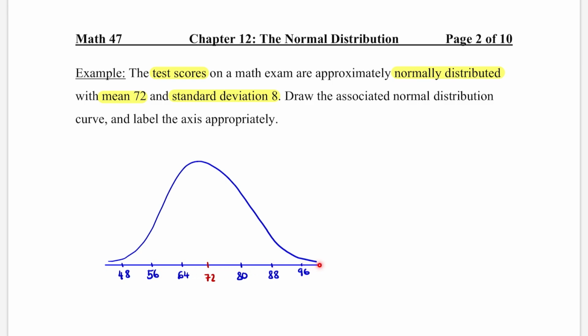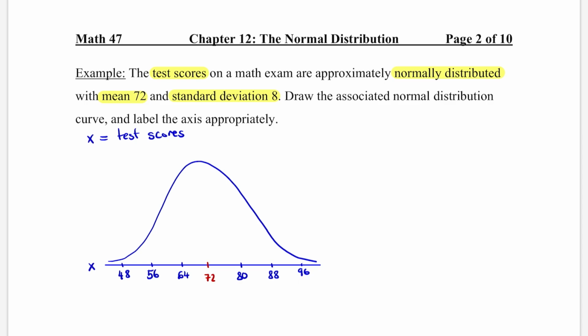This horizontal line represents the test scores on a math exam. So if I let X be the test scores, then this number line represents the value of X. 48 is 3 standard deviations below the mean. 96 is 3 standard deviations above the mean.